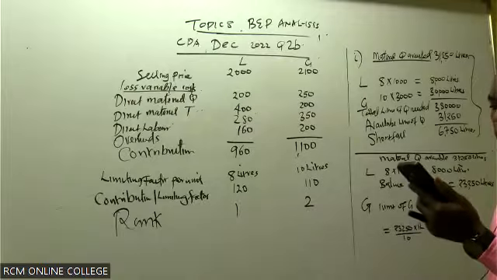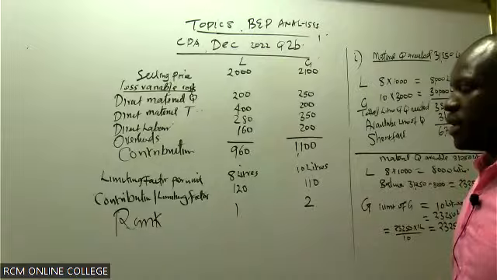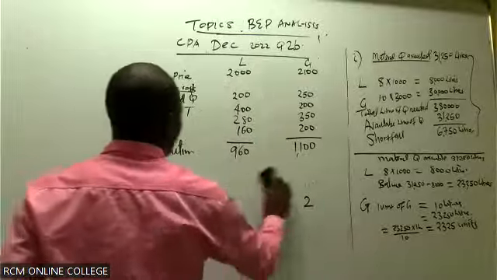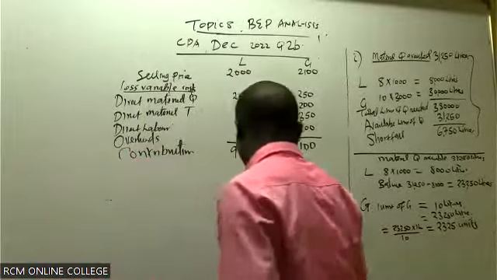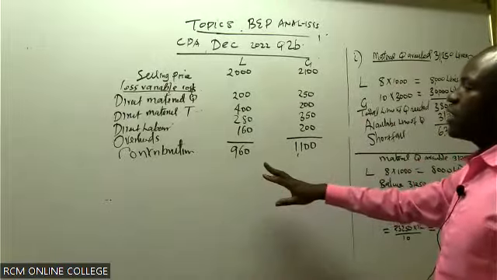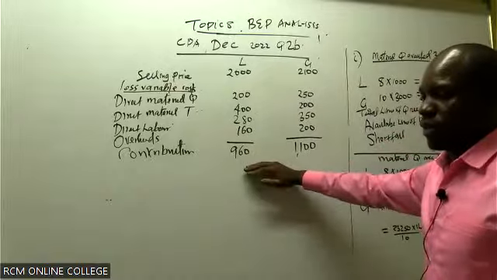Then we get to Roman 3. The net profit at optimal production mix. Tulisema nini? Net profit at optimal production mix. You repeat the same thing but stop at that point. Do this up to this point here.